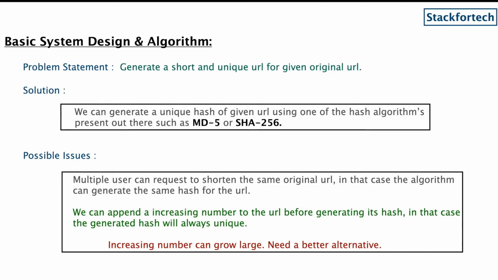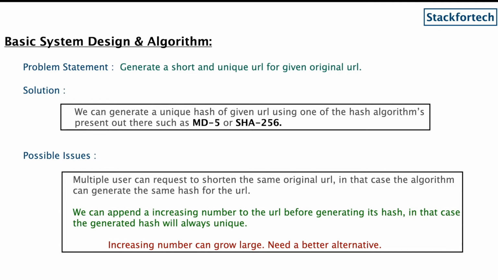So whatever we think serves our purpose and always generates a unique and shorter URL, we can make use of that algorithm. In our application, we'll be making use of a third-party library from Google, that is Guava, and we'll be using the Adler32 or Murmur3 hash algorithm to generate that shorter link.